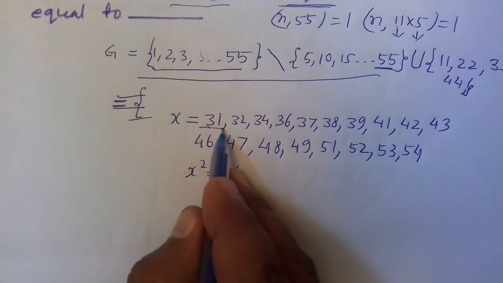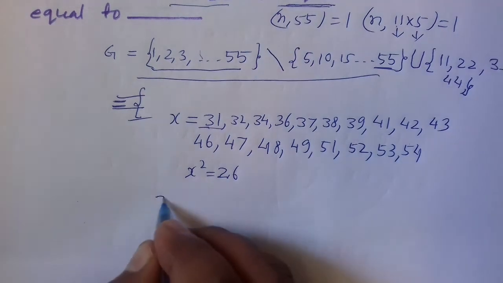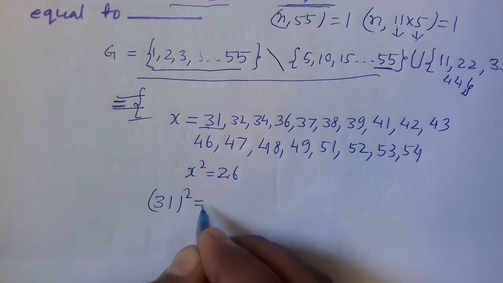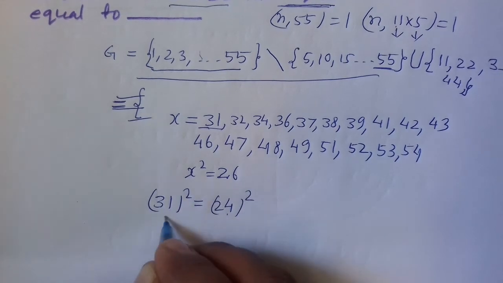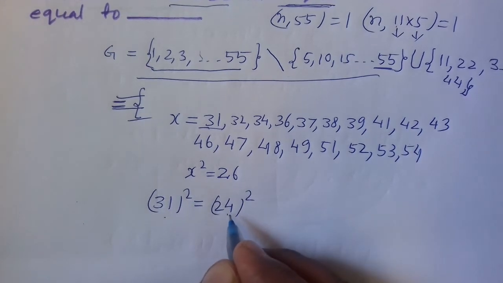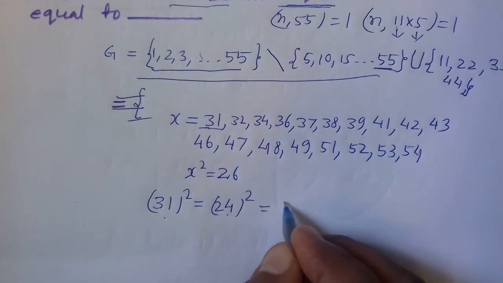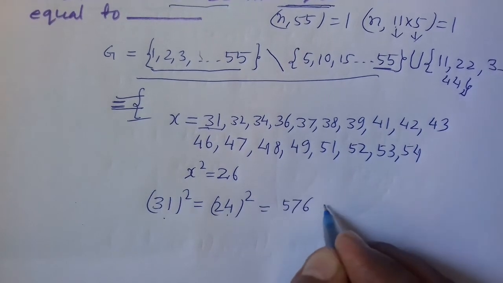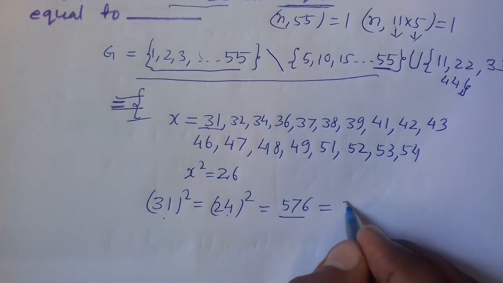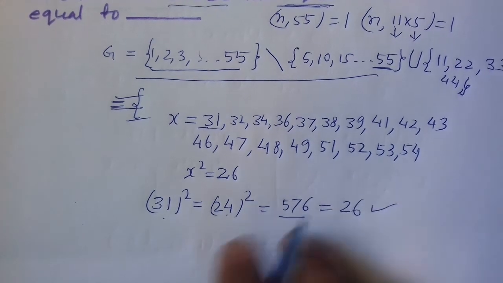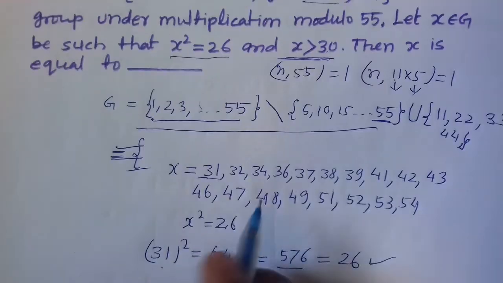So let us start from 31. 31 square means 24 square, because the sum of these two numbers 31 and 24 is 55. So this is 576. Taking mod 55, this will be 26. So 31 is the right answer.